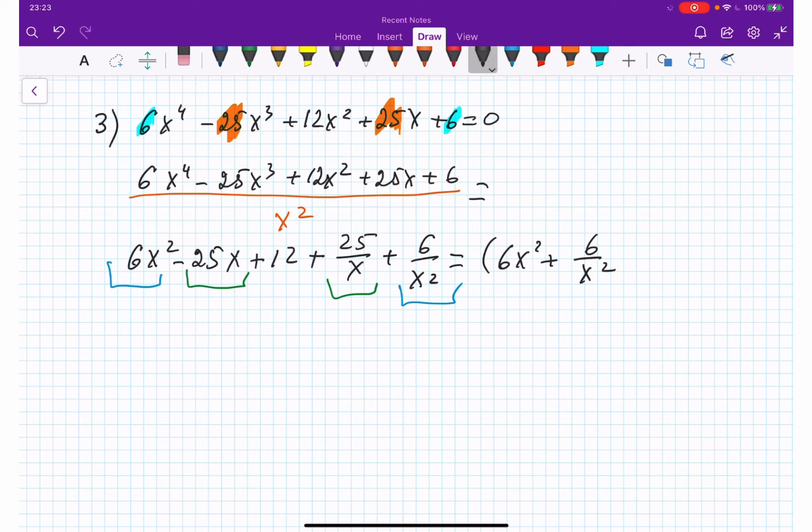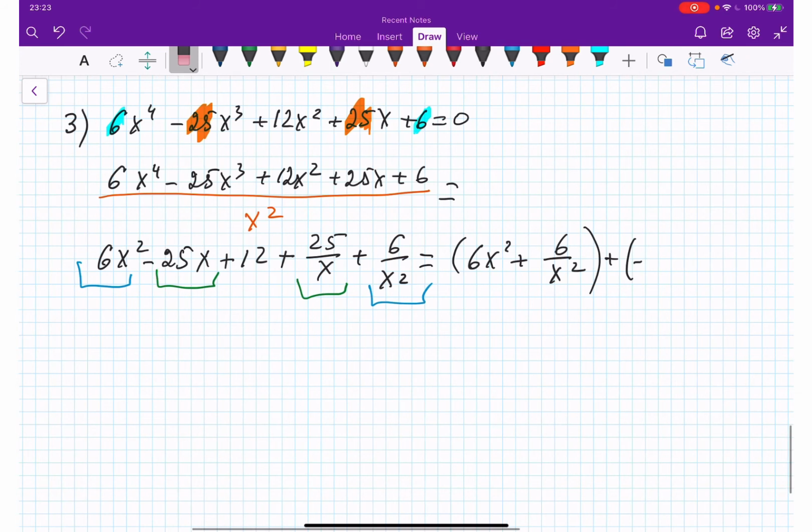So plus negative 25x plus 25 over x and plus 12. Okay, equal.